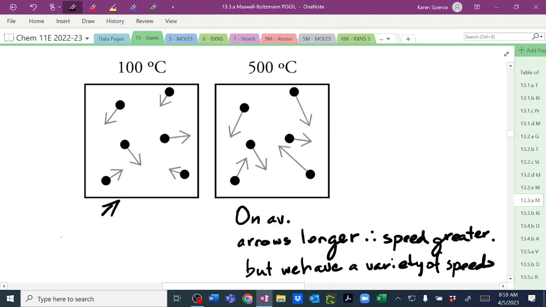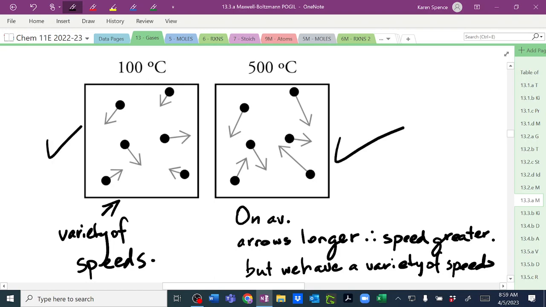And also here we have a variety of speeds. So the answer is, this one is our happy answer.